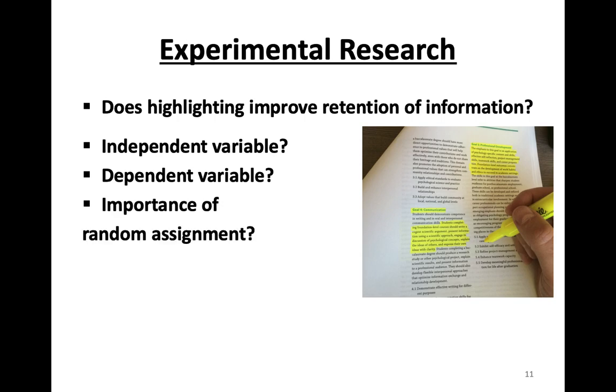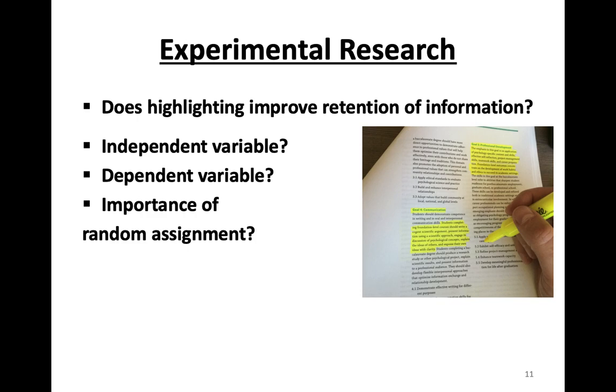Why would it be important to randomly assign? Well, the main reason is because we would want to make sure that participants don't self-select into groups. Because by self-selecting, I'll choose highlighter versus not, those groups could be fundamentally different.